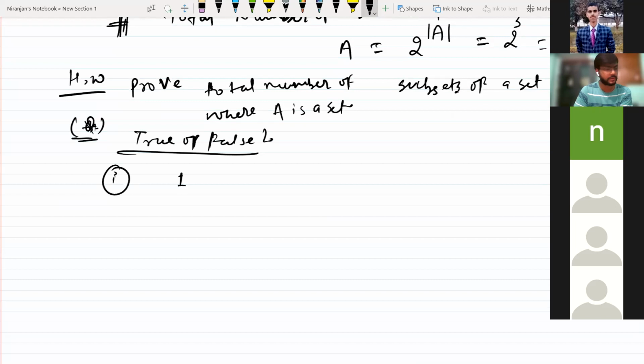Just make sure that you do your homework seriously. You just have to tell whether the statement that I have written is true or false.